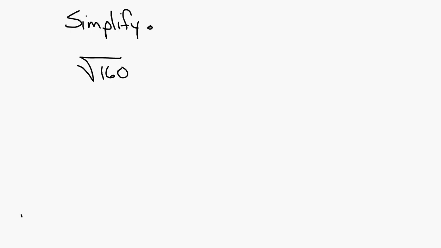You go through your list of perfect squares and you start dividing. And you find the largest perfect square that goes into 160 evenly. Understand? So divide your 160 by 4, and then by 9, and then by 16, and then by 25, and 36.